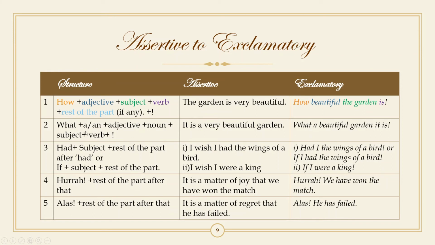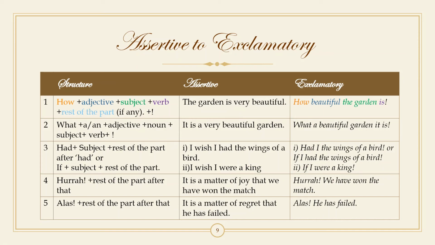And the structure is what, a or an, adjective plus noun plus subject plus verb. Like what, a, then adjective beautiful, then noun garden, then subject it, then verb is. But the first one is how beautiful the garden is, because it does not have a or an.